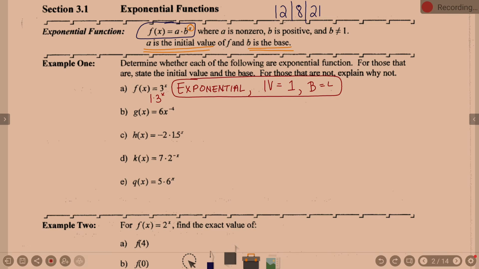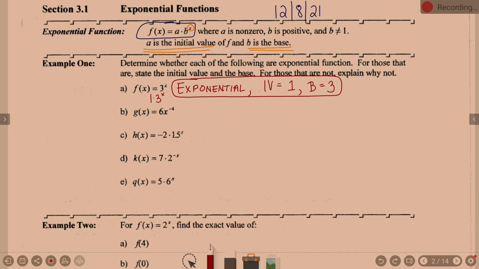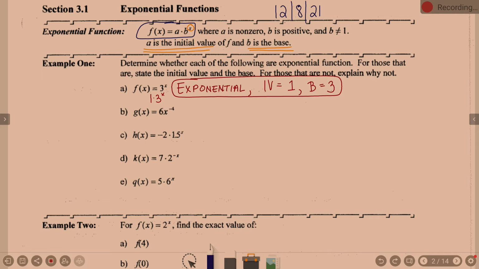Come on, erase. Seriously? Erase so I can get the... My board is doing weird things. Okay, base is 3, better? You guys all wrote down the right thing though, yes? Or it was just the one that decided to tell me about my silliness?